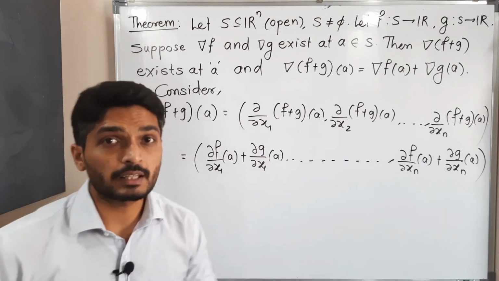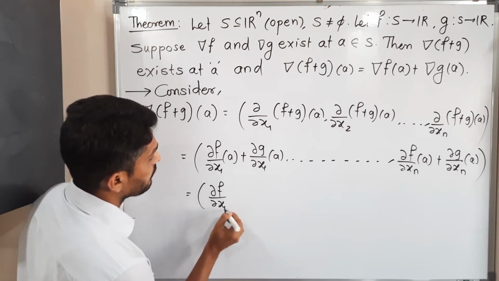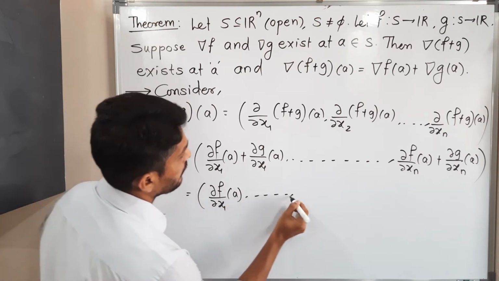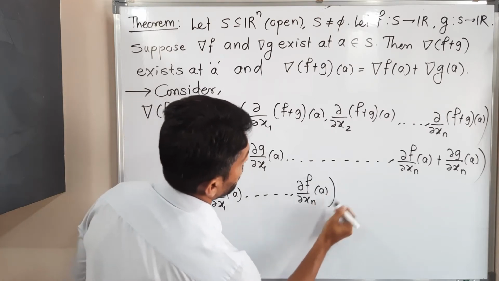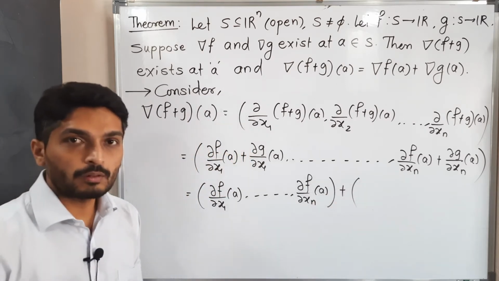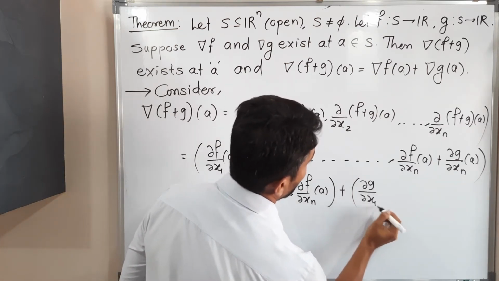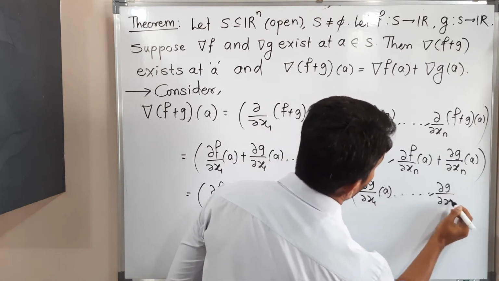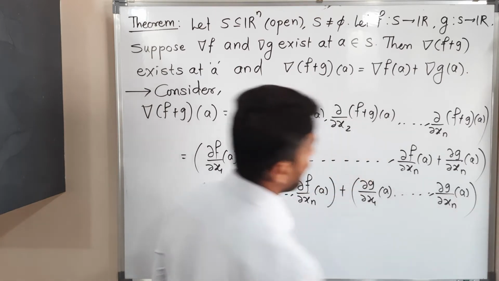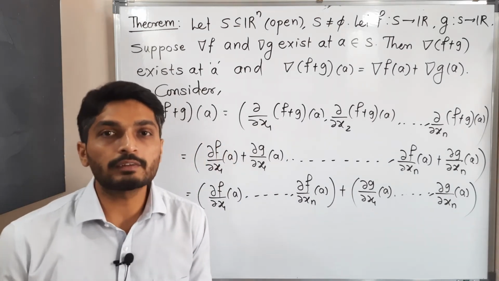So the same thing we can write in this way. I will write all partial derivatives of f first, ∂f/∂x1 of A and so on up to ∂f/∂xn of A, plus, now I will write all partial derivatives of g, ∂g/∂x1 of A and so on, ∂g/∂xn of A. So you know how to add two elements of Rn, component wise addition.